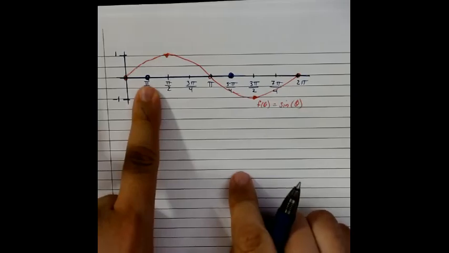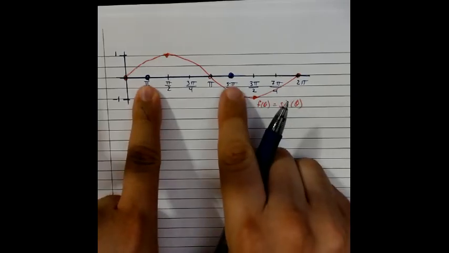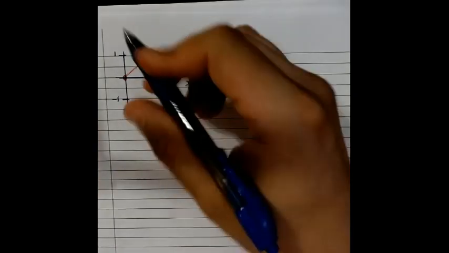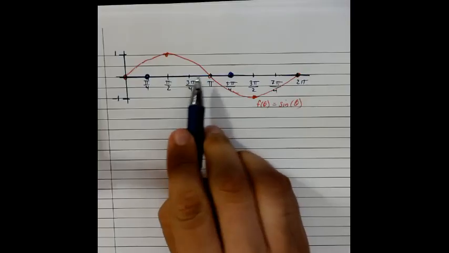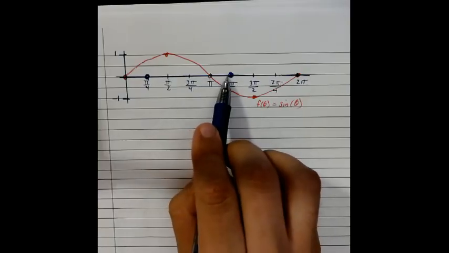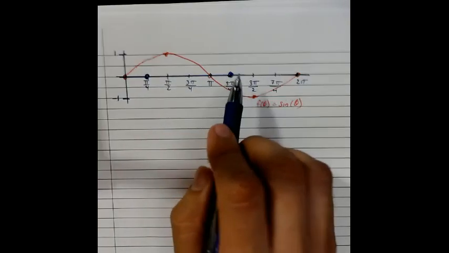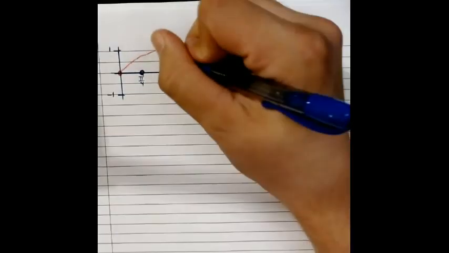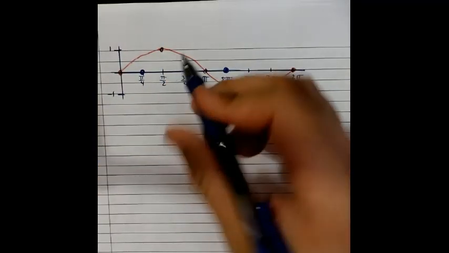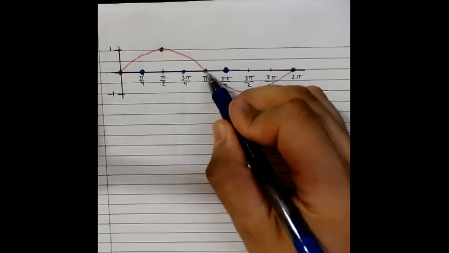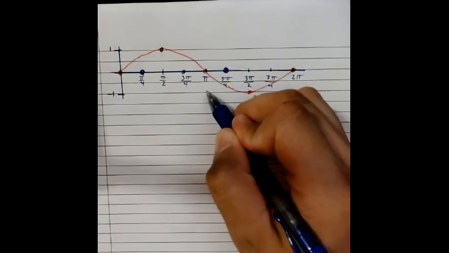This is the start of the sine wave. This is the end of the sine wave. Remember how that works? That's 1/4 of the way through, halfway through, 3/4 of the way through, and all the way through the period. 1/4 of the way through, you're going to achieve the maximum. Halfway through, you're going to get back to the axis. 3/4 of the way through, you're going to hit the minimum.